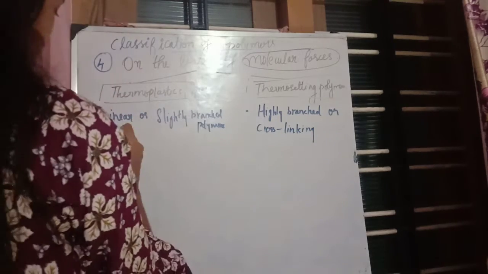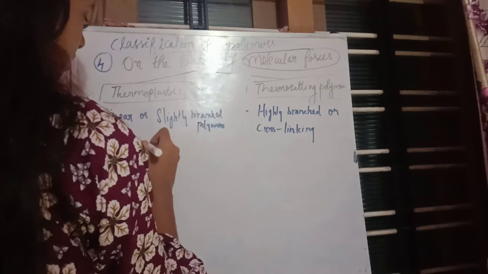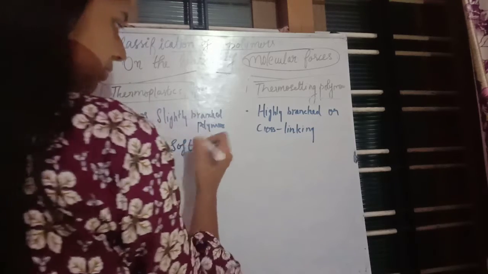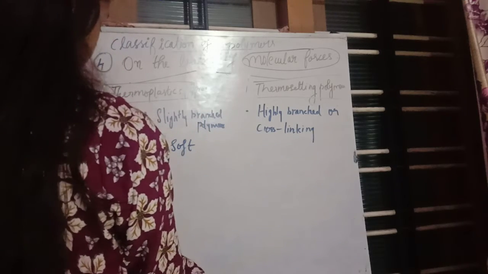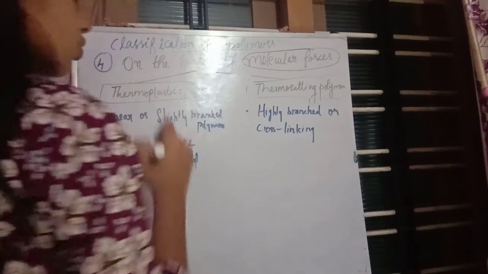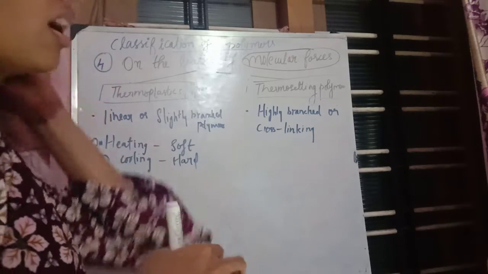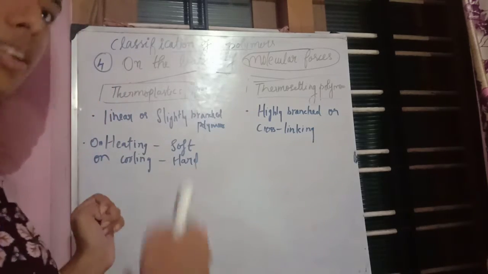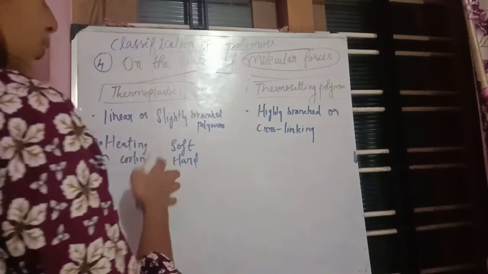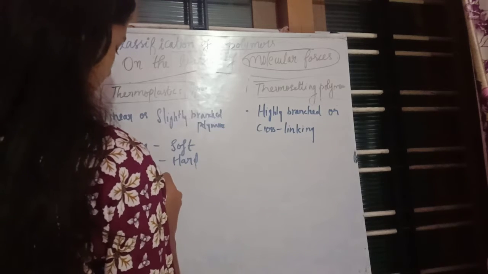Now, thermoplastics: on heating, thermoplastic becomes soft. On cooling, they become hard. When we do this heating and cooling process repeatedly, they can be reused. Even though we repeatedly do these two things, we can reuse them, so they are reusable.